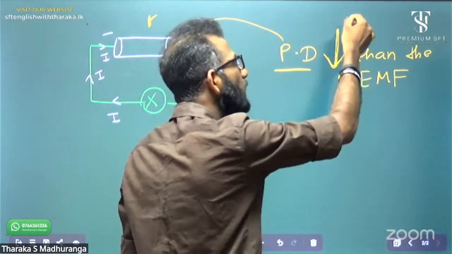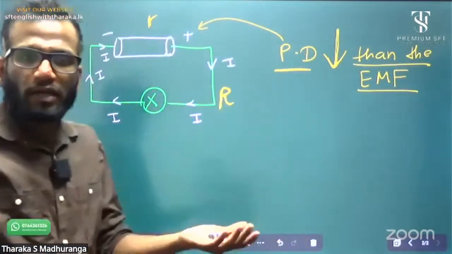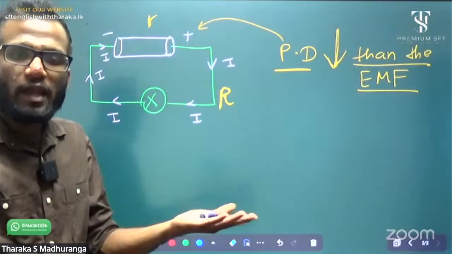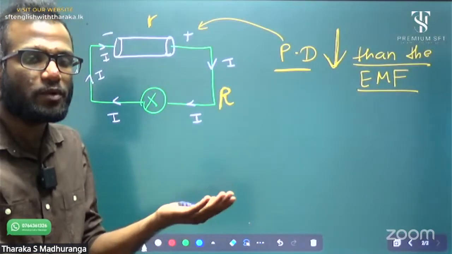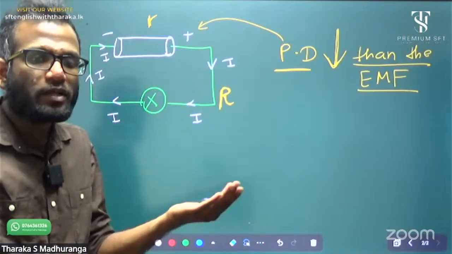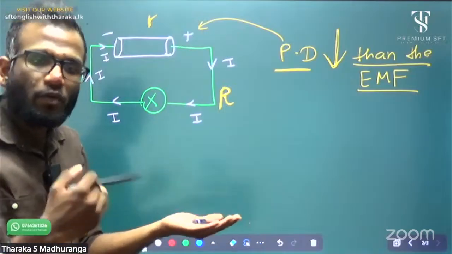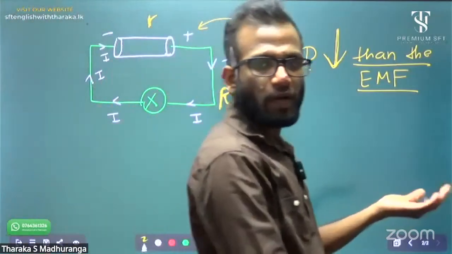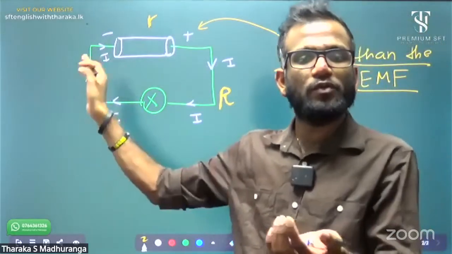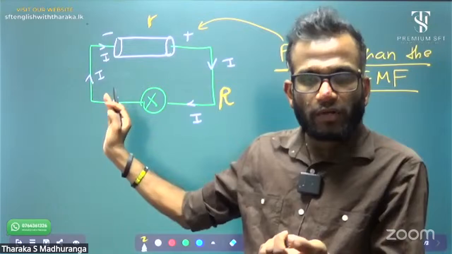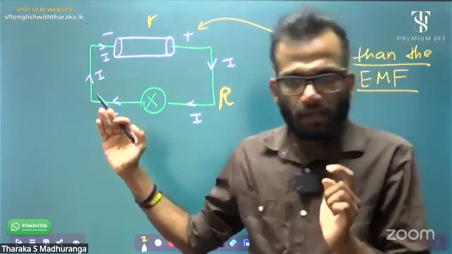It is less than the electromotive force. The electromotive force is the potential difference between two terminals of any electric cell when no current is flowing. When current is flowing, due to this resistance, its potential difference becomes less than the electromotive force. Okay?